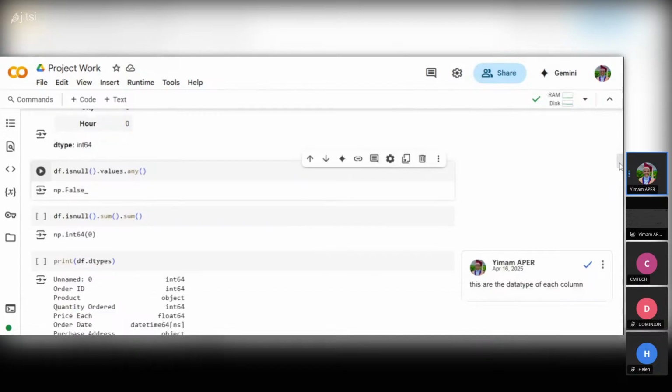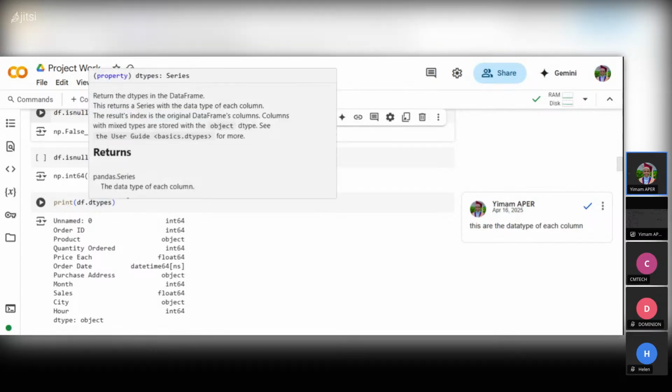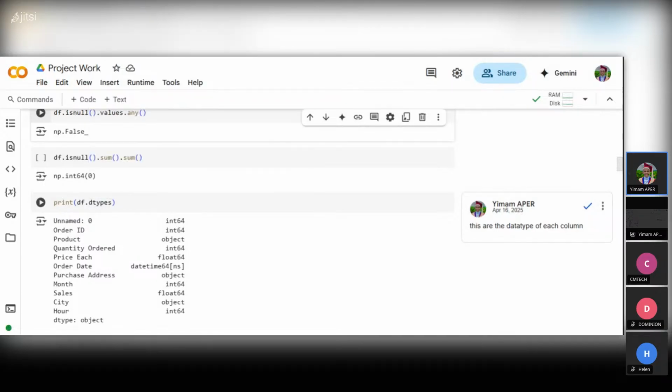The next question was the type of data in each of the columns. So I said print df.dtypes. This gave me, for the Unnamed column, as Harry Smart earlier explained, integer values here, 0, 1 and the likes. If you see my comment section, I said these are the data types for each column. Unnamed is integer, Order ID integer, Product object, Quantity Ordered integer, Price Each float.